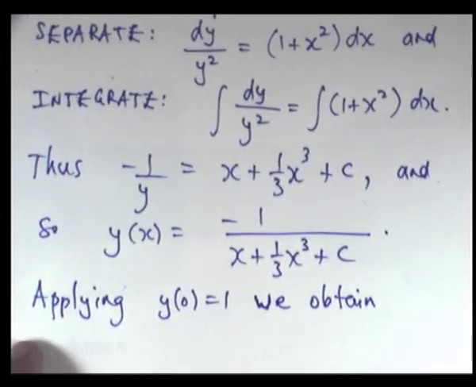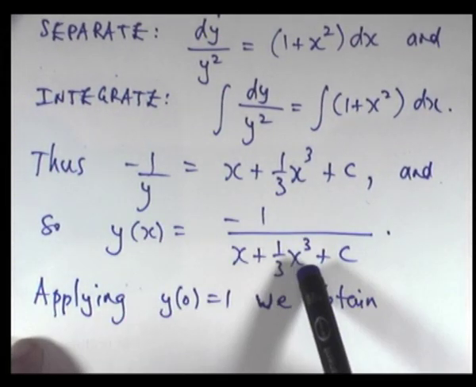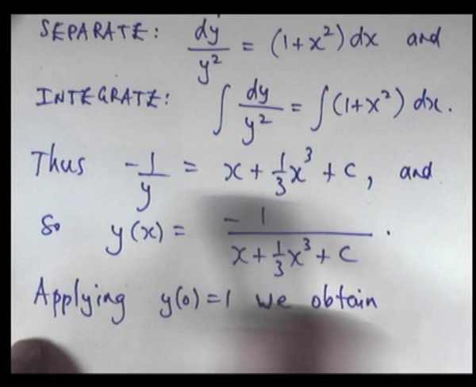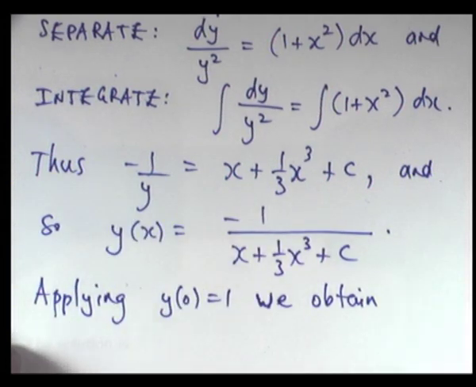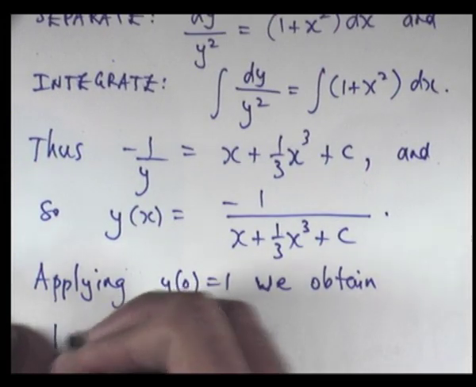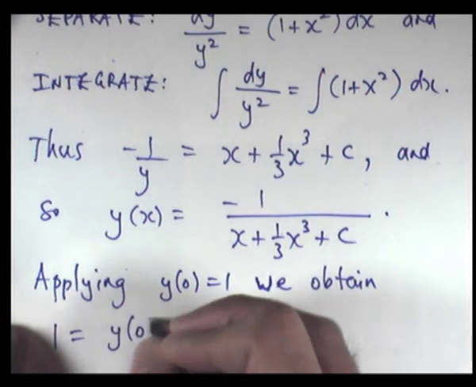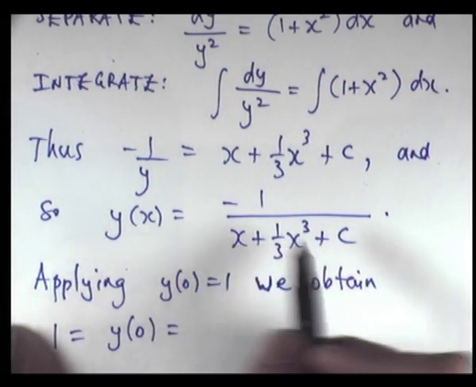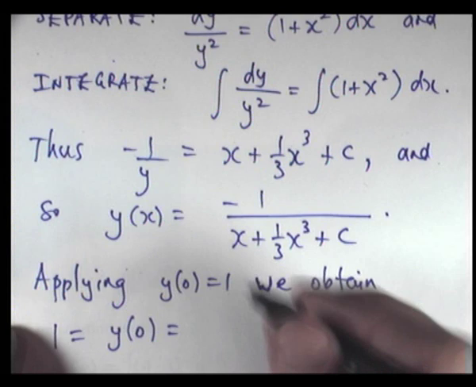We obtain the following. All right, so I go up to here, I substitute in x equals 0, and I know the whole thing has to be equal to 1. So I'm going to get 0 there, and just C on the bottom.